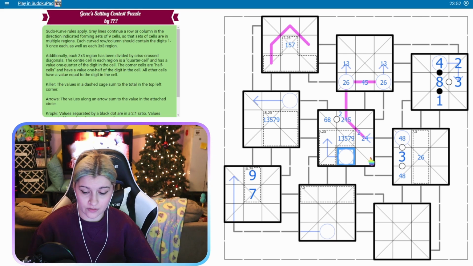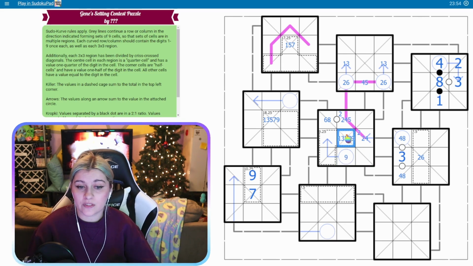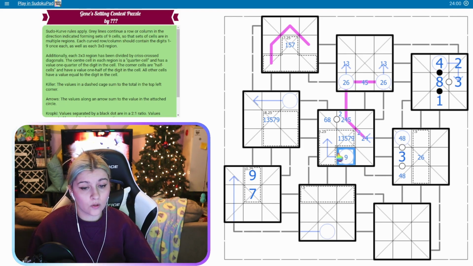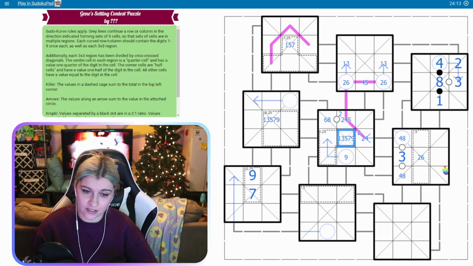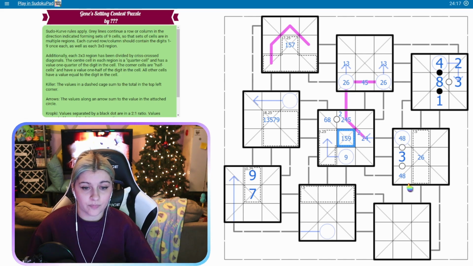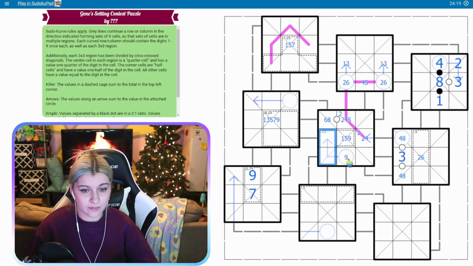If this is a 1, this would be a 9. If this was a 3, it'd be 0.75. Oh, actually, this is a whole number. So I don't want this to be a half number. That makes sense. I do need this to end in a 0.25. That's clever. Okay, so this is not a 3 or 7. It definitely is a 1, 5, or 9. Okay, so if it's a 1, this would sum to 9, and this would be 9.